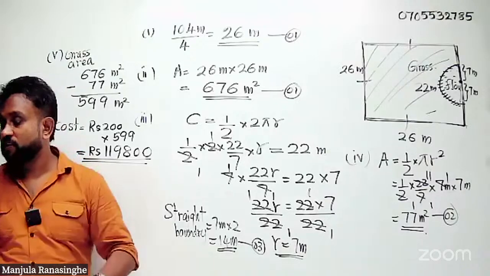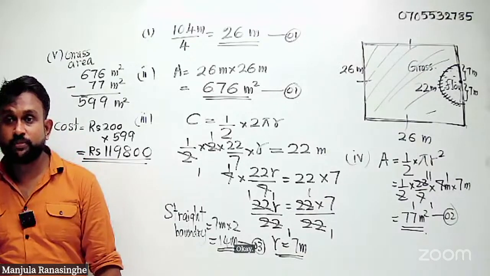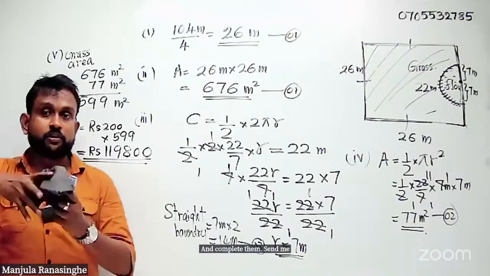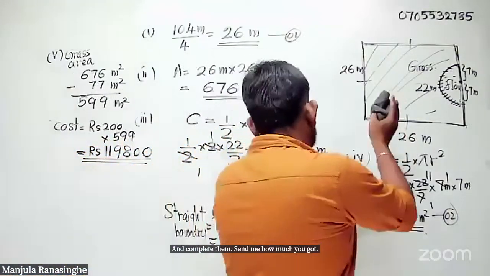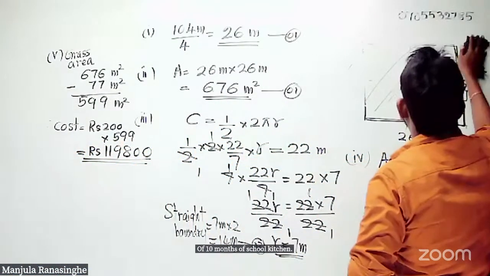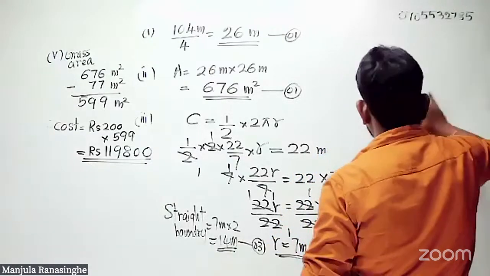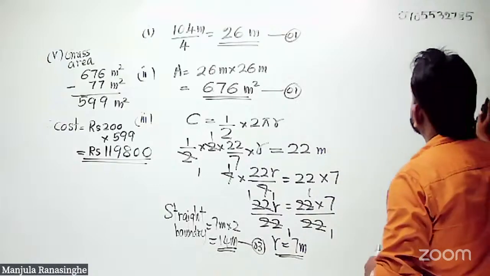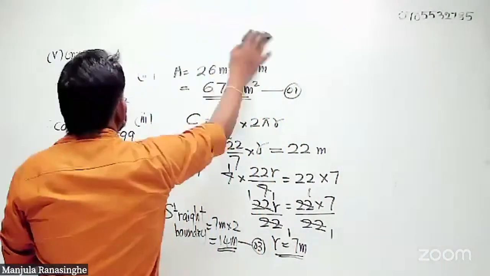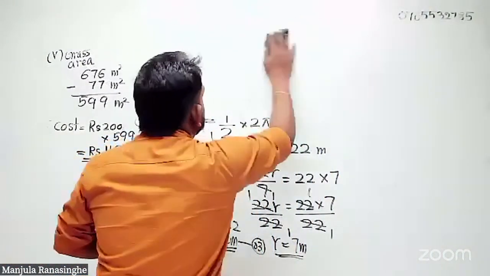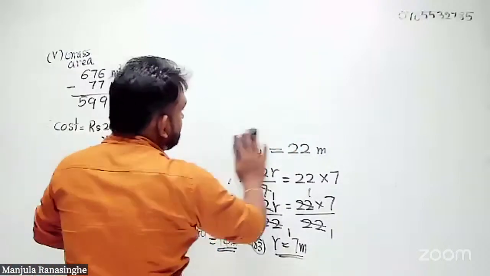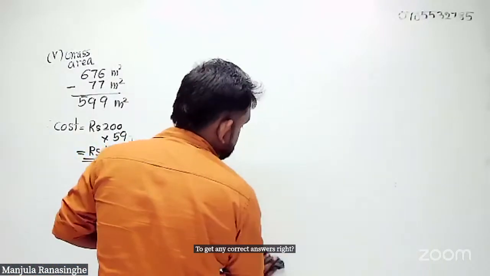Okay, complete it and send me how much you got out of 10 marks for the first two questions. If you get any incorrect answers, write them again and do it.